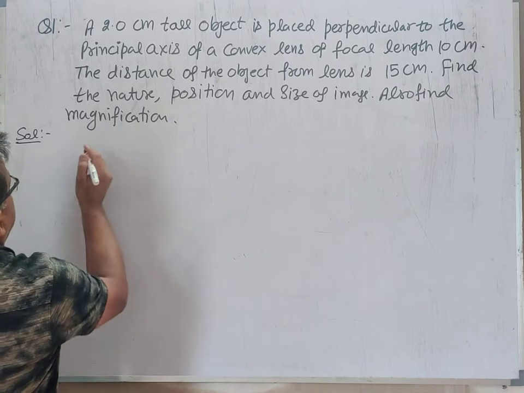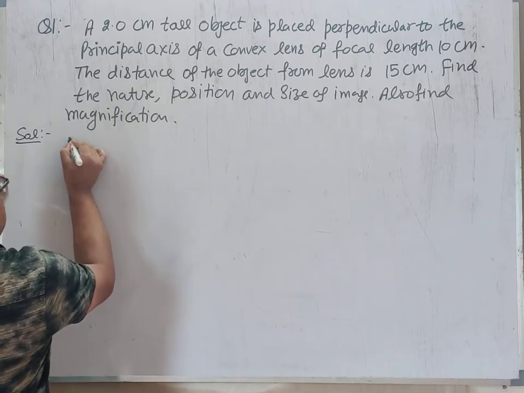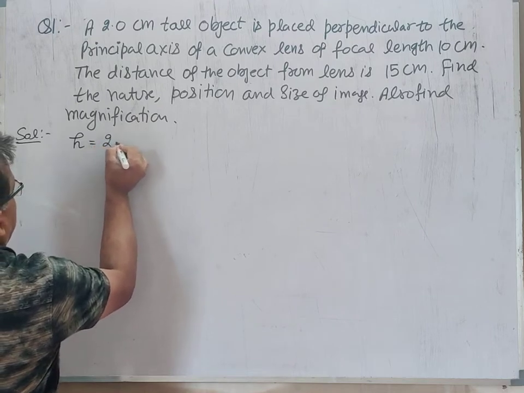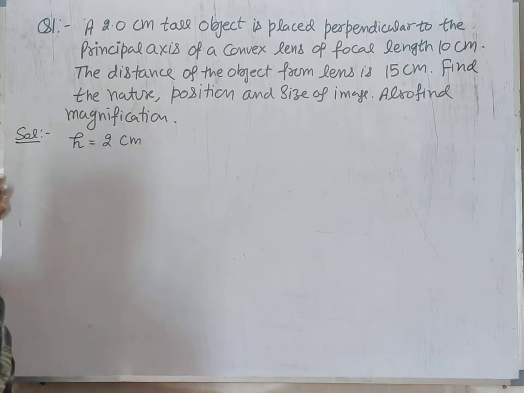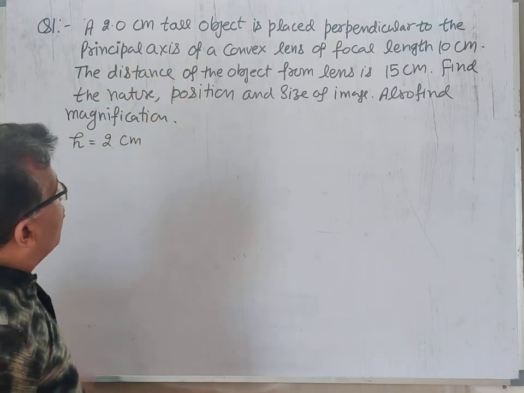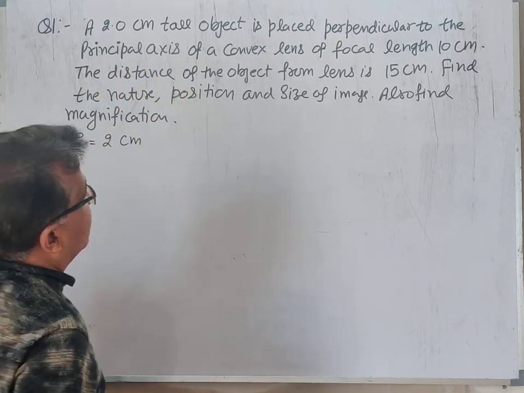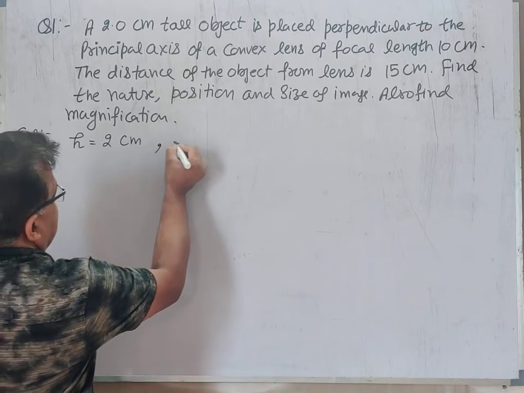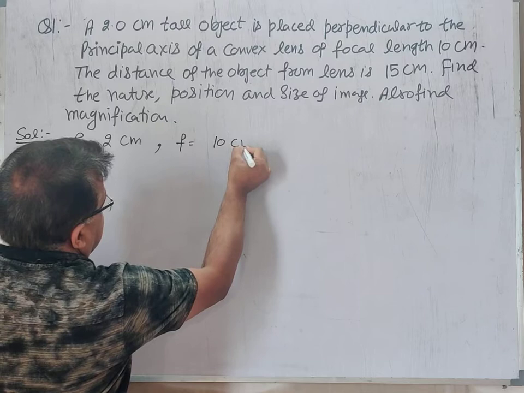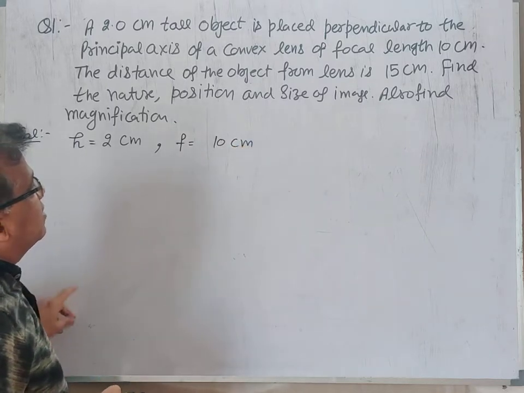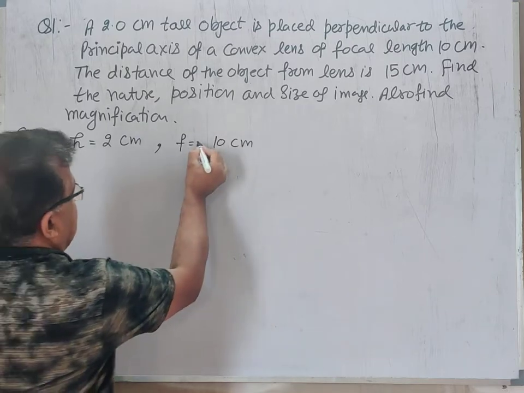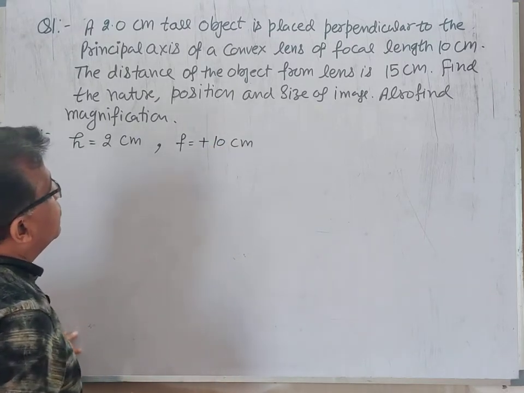So here it is the object, therefore height of object h is equal to 2 centimeter, placed perpendicular to the principal axis of a convex lens of focal length 10 centimeter. Focal length of convex is 10 centimeter, and I have told recently that in concave focal length is negative and in convex it is positive.